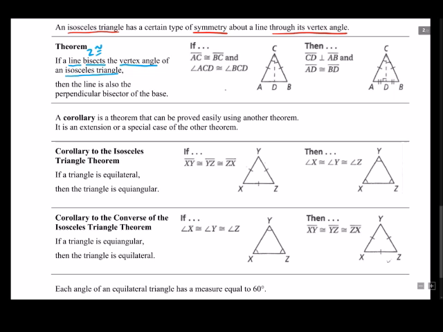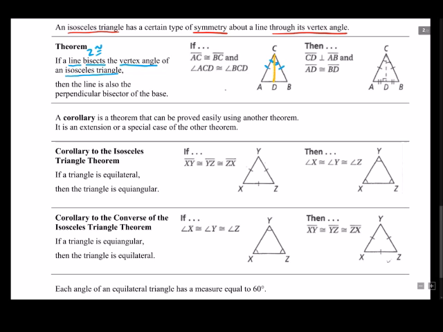So if we have an isosceles triangle, and we know that because we have the congruent sides, and then we have this vertex angle is bisected by our line here.